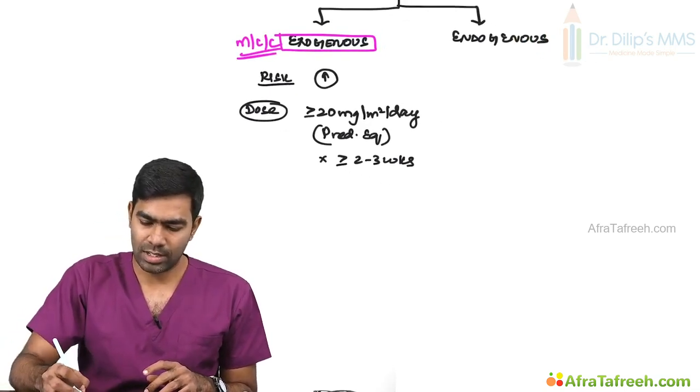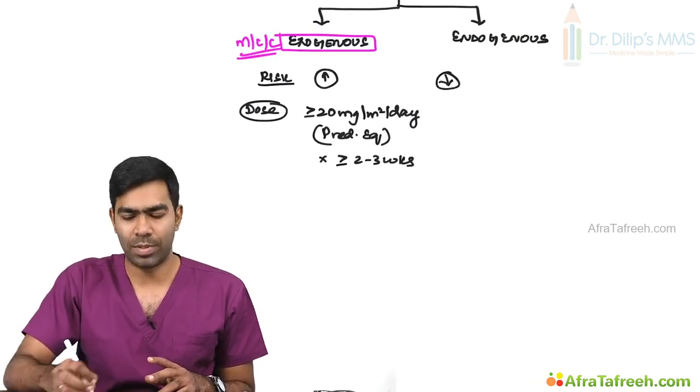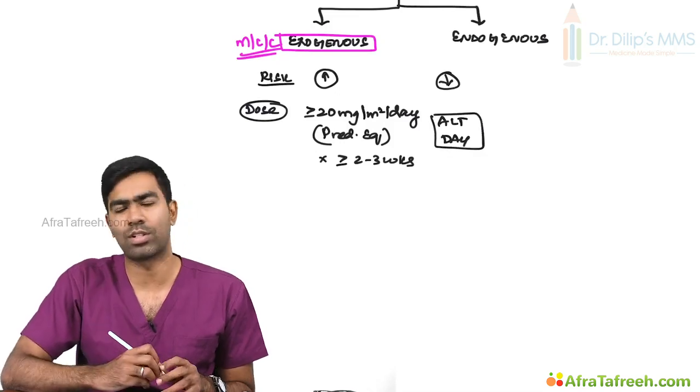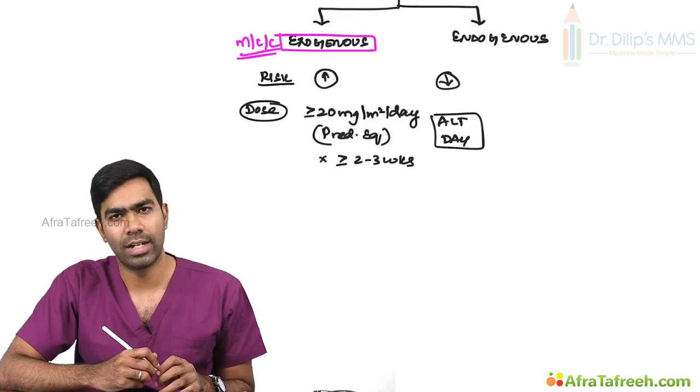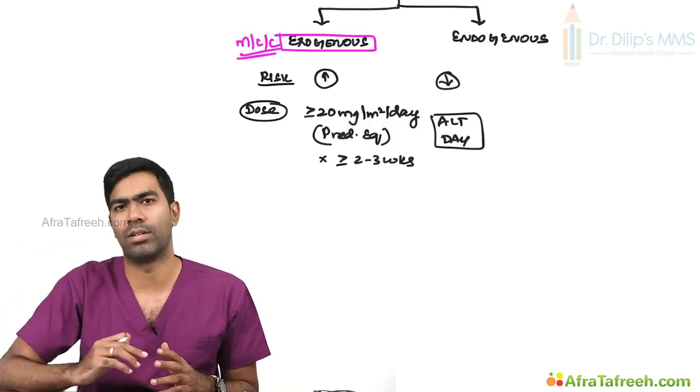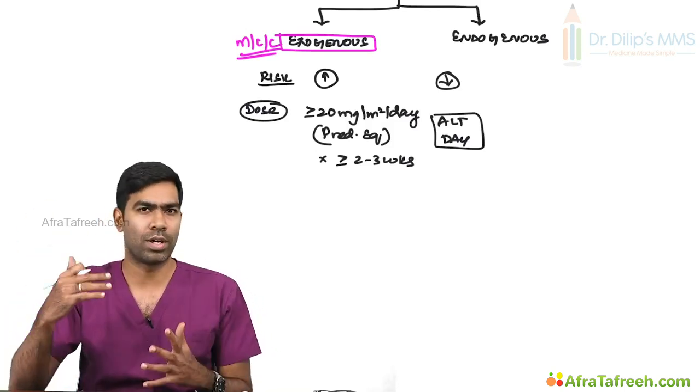What are the conditions that reduce the risk? Alternate-day dosing has a slightly reduced risk of developing Cushing syndrome compared to daily dosing. Similarly, nighttime dosing has a little increased risk compared to the morning dose, which is why many people give exogenous glucocorticoids in the morning.